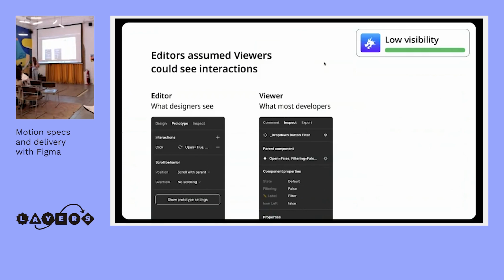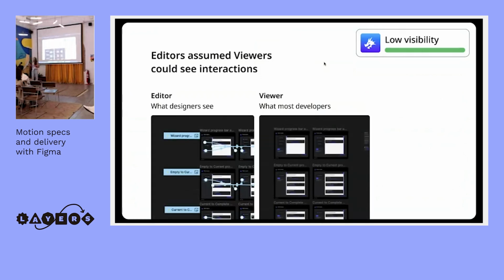And we editors, we designers, have a dedicated prototype tab. Also, when we come to a product, when we come to a page, we see a bunch of blue lines when we have starting flows and so on. So we know there is a prototype that was built. But developers, any viewer, they don't see it.